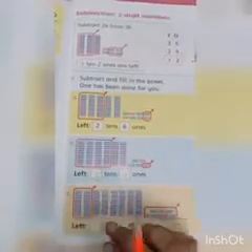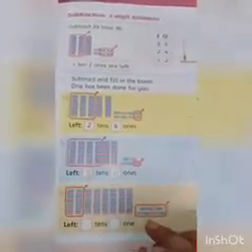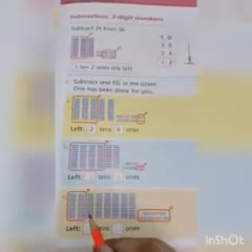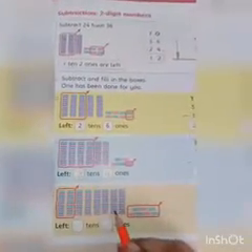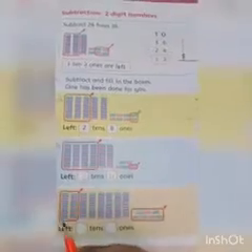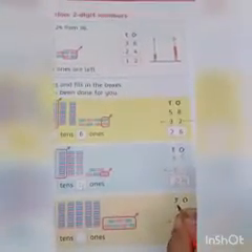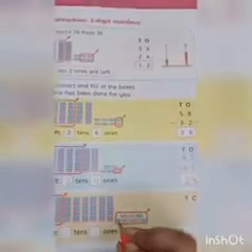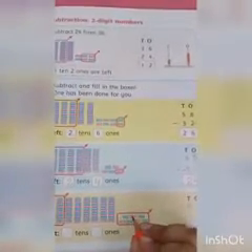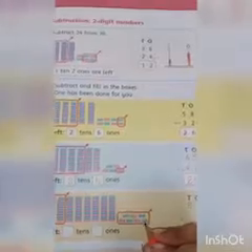Here we have point C. At point C, here we have some stacks of tens and ones too. We are going to count them and write here. 1, 2, 3, 4, 5, 6, 7, 8. Students, here we have 8 stacks of tens. We are going to write 8 here. Then 1, 2, 3, 4, 5, 6 and 7. 7 ones.